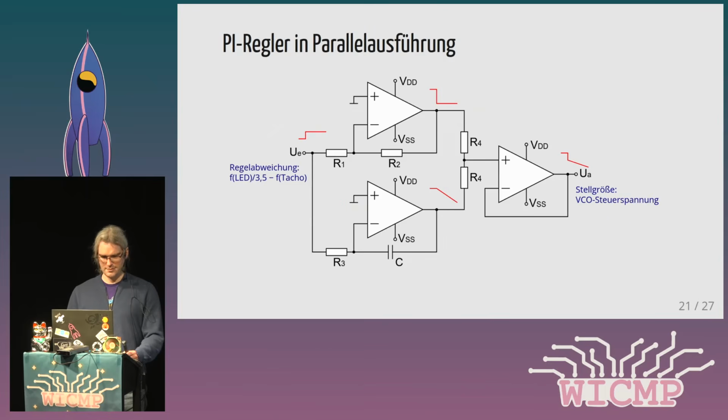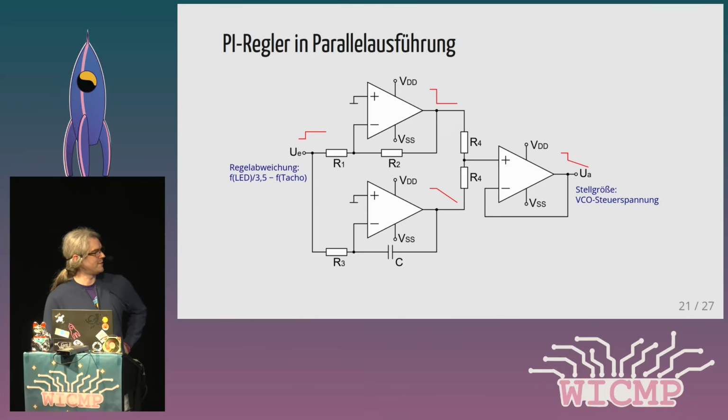Let's go over to the regulator. The regulator is a PI regulator. P and I stand for proportional integrator, so it consists of two independent regulator paths. You can see that here in the schematics. That is a so-called parallel execution circuit.